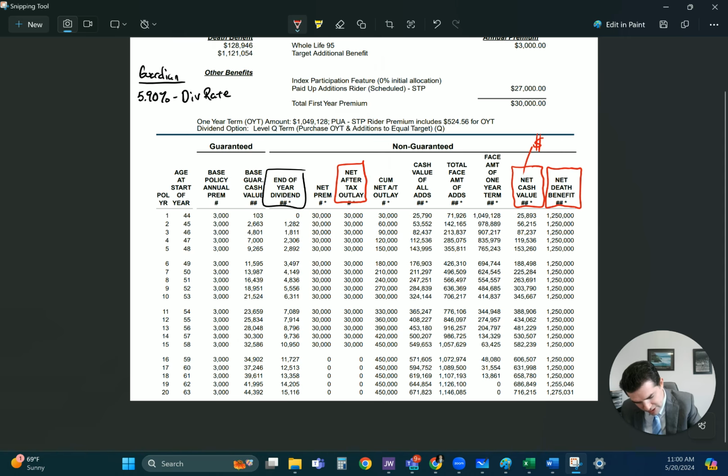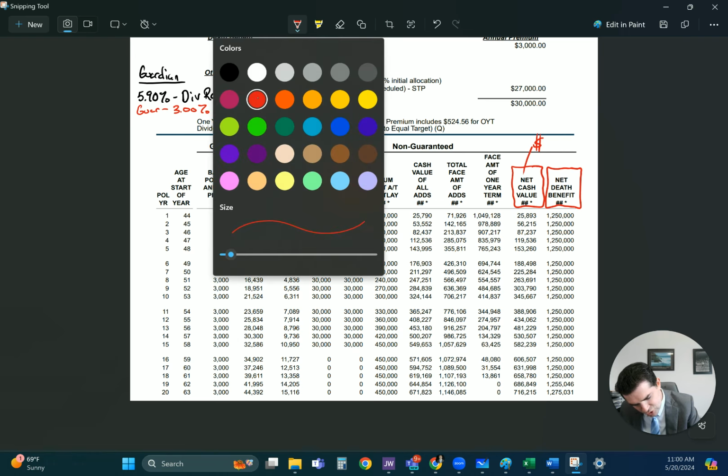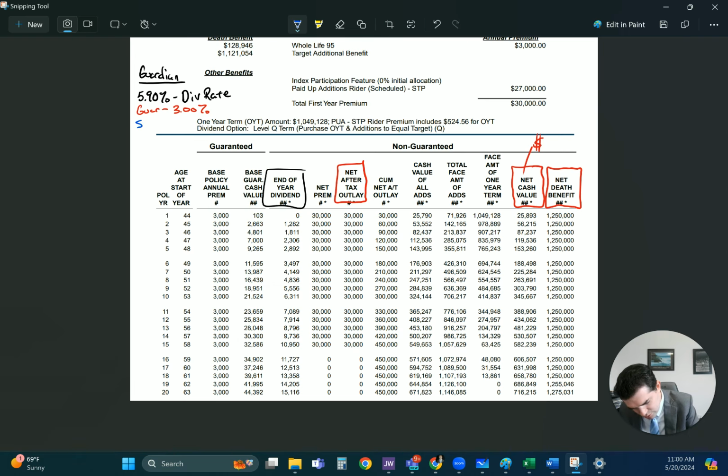So this product with Guardian, the guaranteed rate is 3%, which means the surplus was 2.9%. That right there, that surplus of 2.9 is what is showing up in that end of year dividend column. So it is not reflecting the total earnings that you have in a life insurance policy. That's the big thing to be aware of.